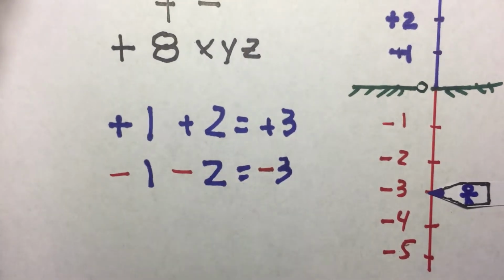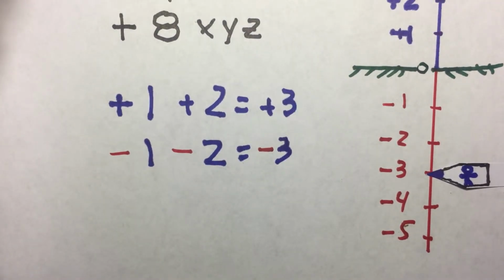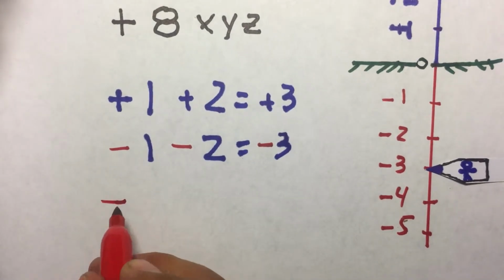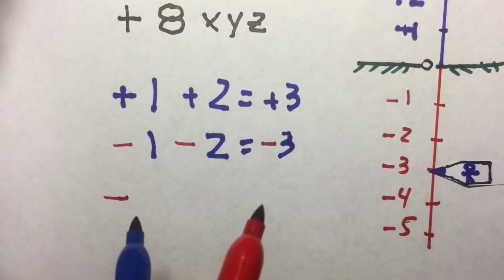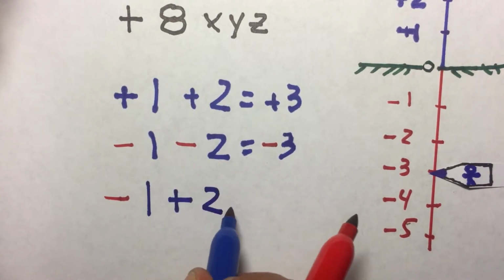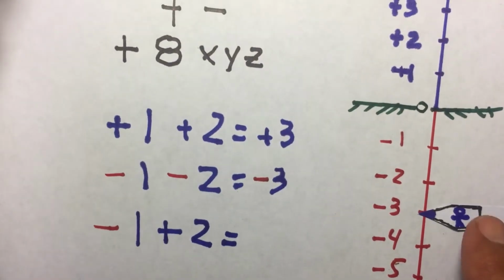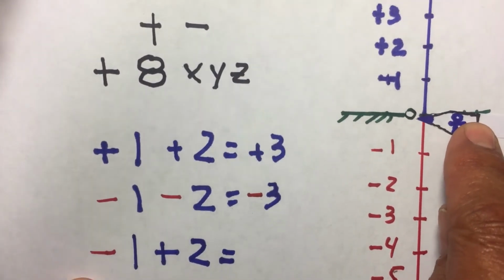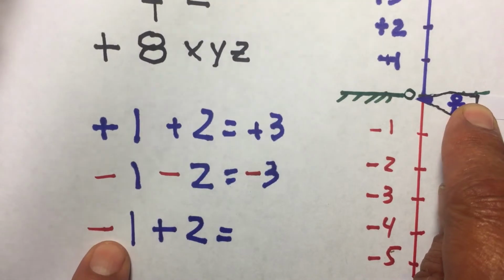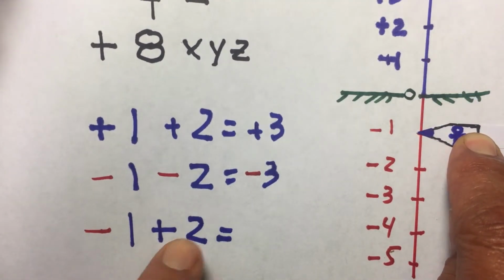Now let's do a combination of -1 plus 2. This would turn out like this with the elevator. We are at 0. We go -1, go down 1, and plus 2.